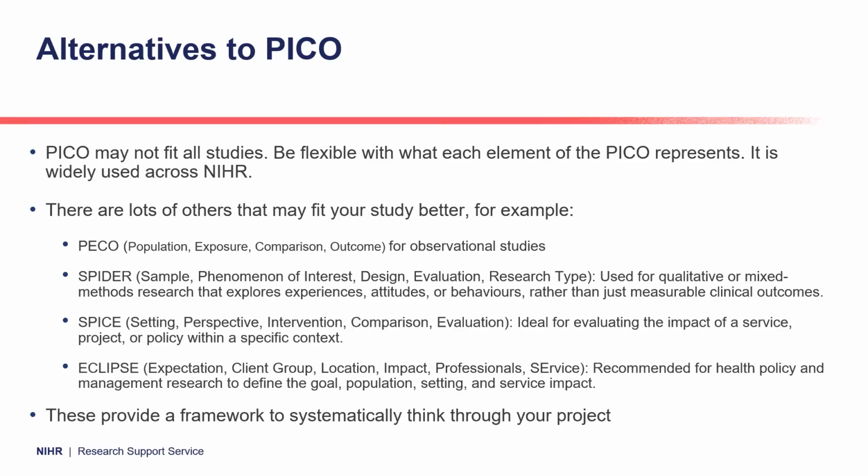There's SPIDER if you're doing qualitative or mixed methods research, SPICE if you're doing an impact or service type project, or ECLIPSE if you're looking at health policy management research. But you can Google them. There are lots of others out there. Like I say, I'm not wedded to PICO, but it does generally fit lots of NIHR programmes. But absolutely find one that fits your research. It's all about having a framework to logically explain each individual element of your application.